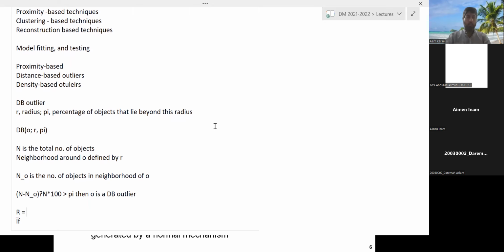If it is Euclidean, then this is, of course, the radius in Euclidean space. So let's say I just give some value 1 here, and then let's say pi, let's say 75%. So if 75% of the data set lies beyond the neighborhood that's defined by 1 around an object, then that object is an outlier. So this is distance-based outlier.